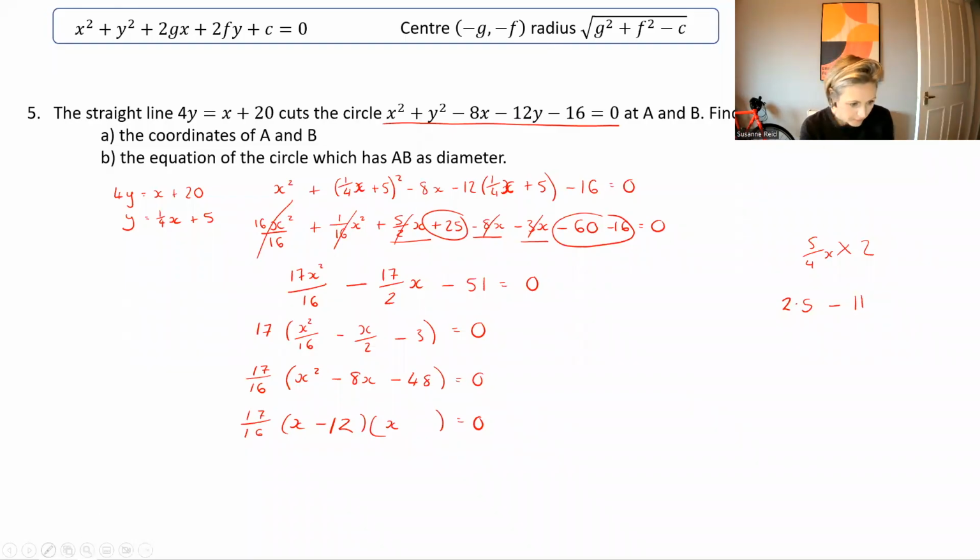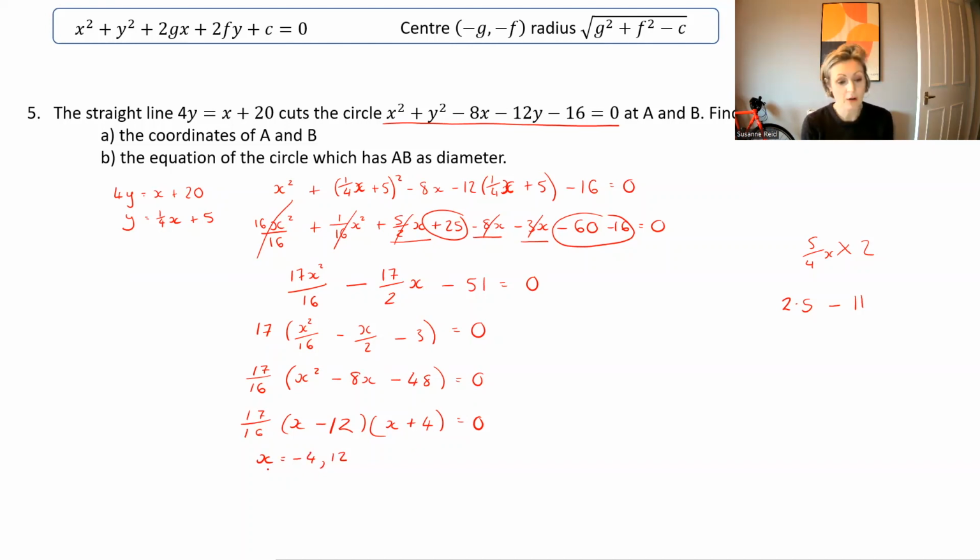So minus 12 plus 4 gives you minus 8, and when you multiply them together, it keeps the negative 48. So my answers here are x equals minus 4 and positive 12. So those are the x coordinates of A and B.